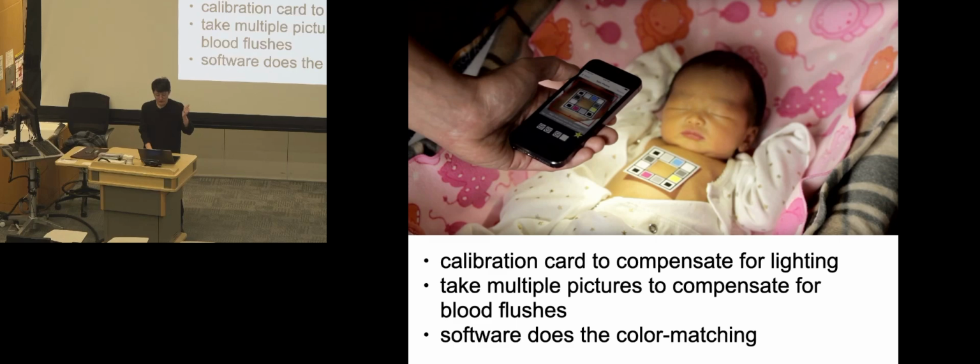This work was also done at the University of Washington. They collected data from more than 300 newborn babies at Seattle Children's Hospital, which is quite a lot of work. I can't imagine the amount of IRBs and paperwork they had to go through to do this for newborn babies.